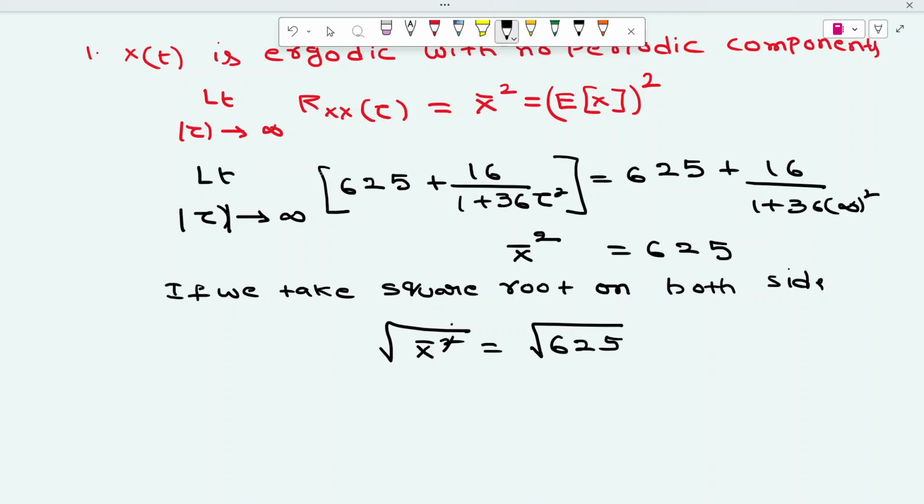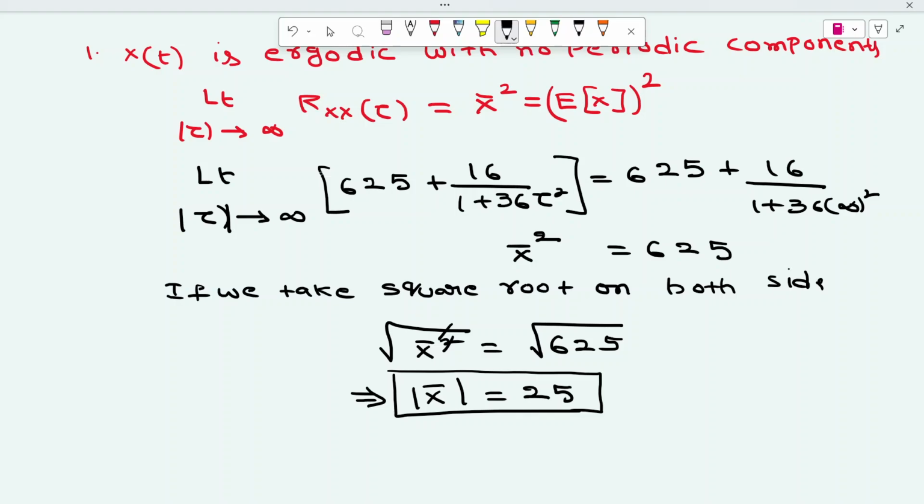The square and root get cancelled, and we have mod x bar is equal to 25. That is what we were asked: the magnitude of the mean value. So the magnitude of the mean value is 25.